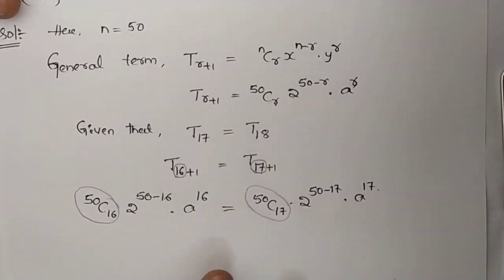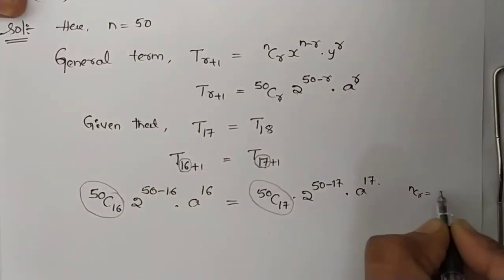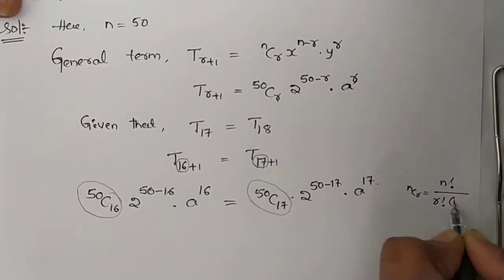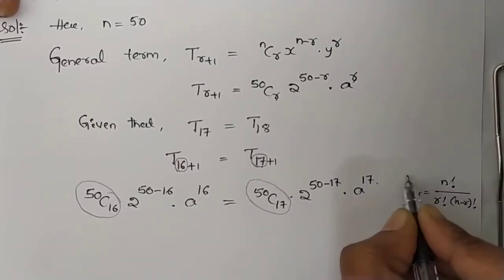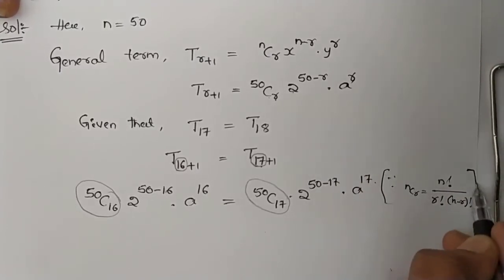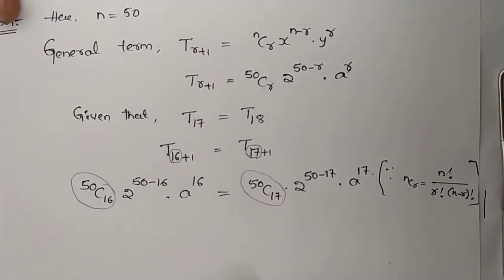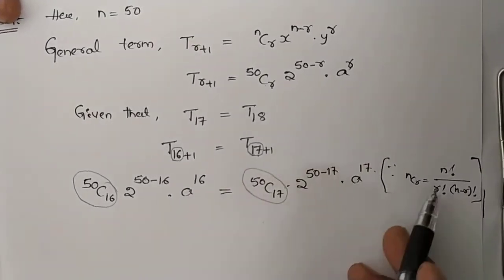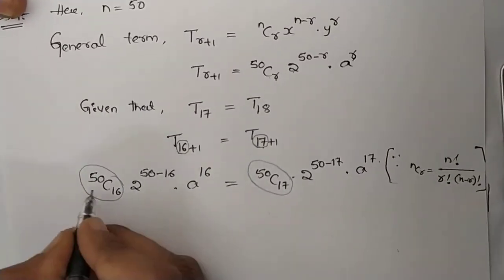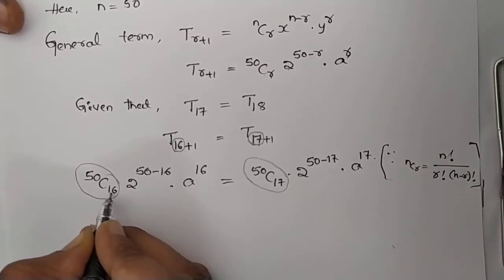We know the combinations formula: nCr equals n factorial divided by r factorial into (n minus r) factorial. I'm using this formula in this question. So in place of n put 50, in place of r put 16.